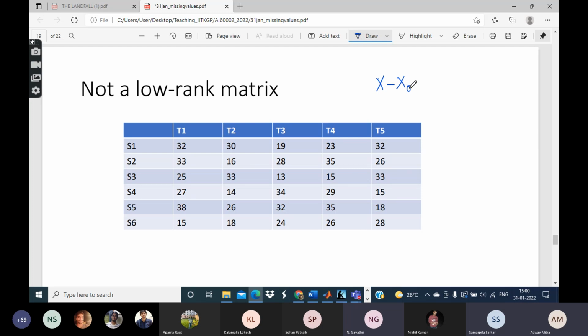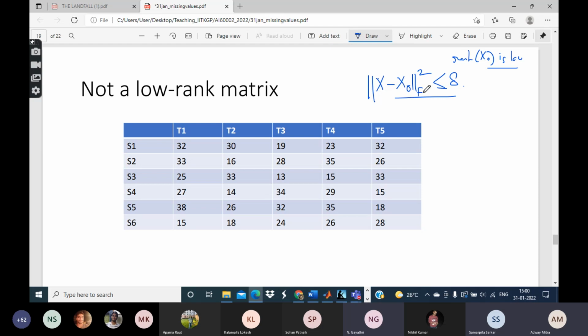That is, can we find a matrix X naught such that the rank of X naught is low, plus if you consider the difference between these two matrices, that is bounded. It's not more than a particular value. What I have written here is the squared Frobenius norm of this matrix. One matrix A minus matrix B is of course another matrix of the same size.